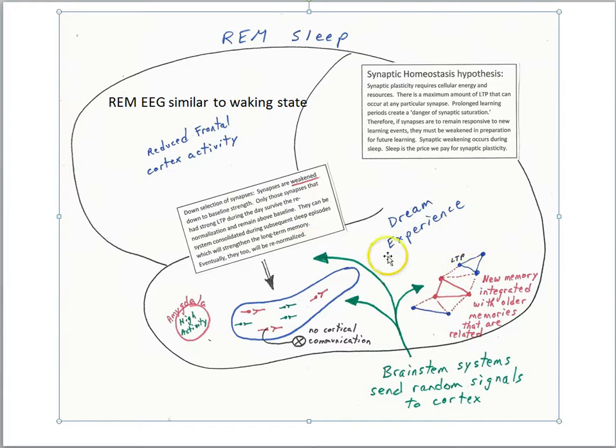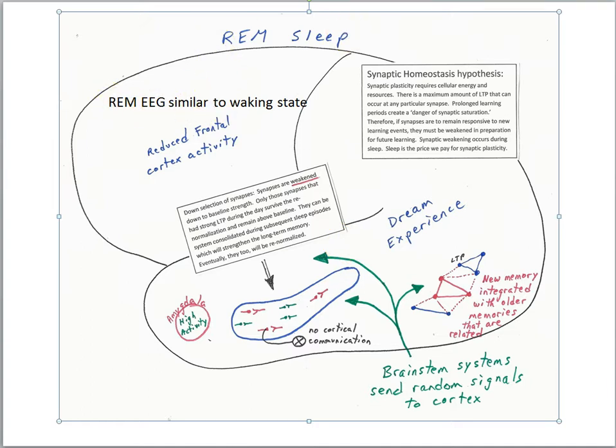But the cortical cells are allowed to communicate, and this again is correlated with the production of an experience, a dream experience, which shares some aspects with waking experiences. So again, when the cortex is allowed to talk in normal ways, when cells can communicate with each other locally and over long distances, we get an EEG pattern that's like REM or like waking.